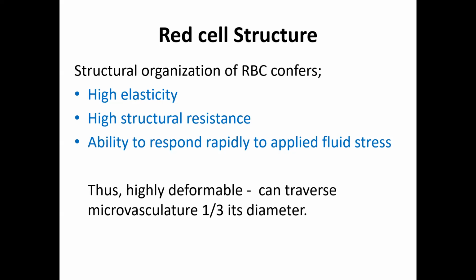High structural resistance means it can move through smaller gaps that have a smaller diameter than its own diameter, and then return to its own shape without fragmenting. And it is able to respond rapidly to applied fluid stress.